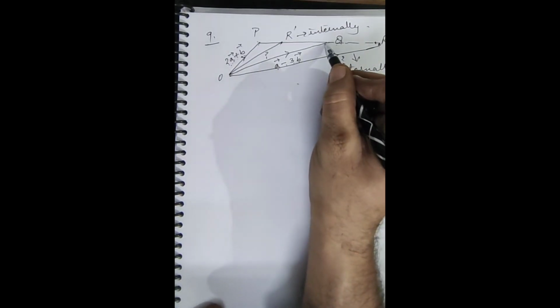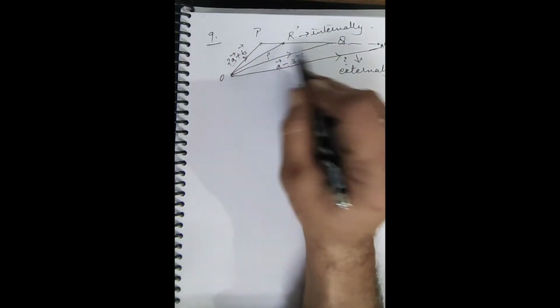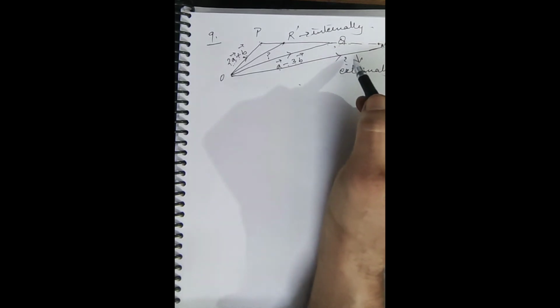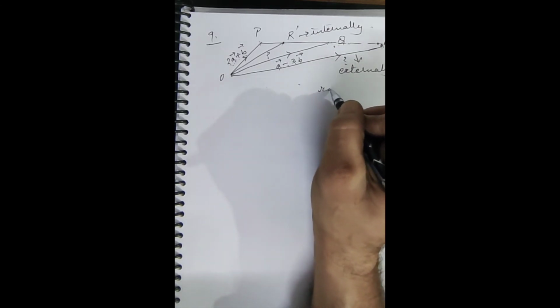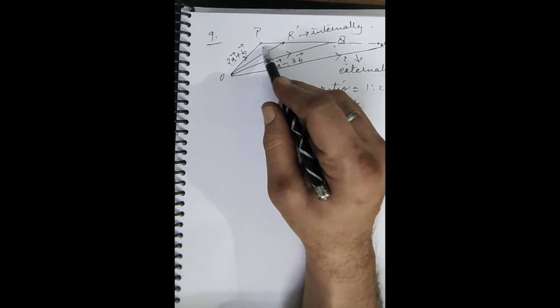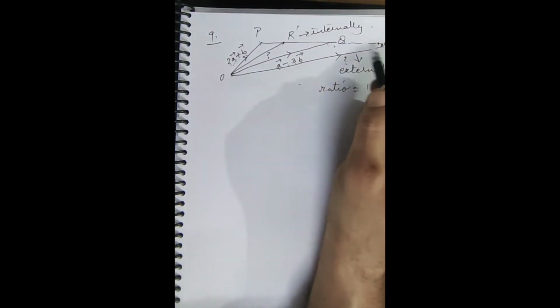We need to find the position vector of a point R which divides the line joining these 2 points externally in the ratio 1:2. And also it's said, show that P is the midpoint of line segment RQ.